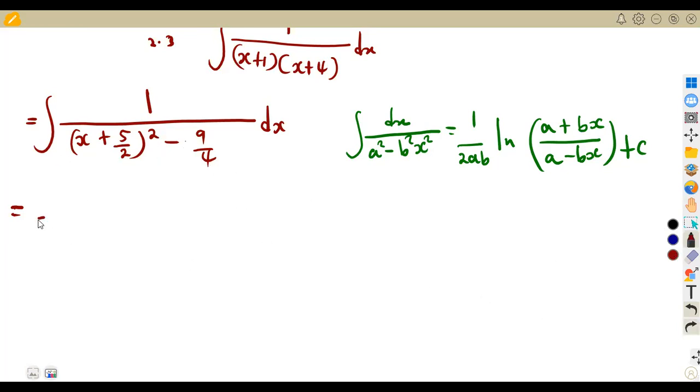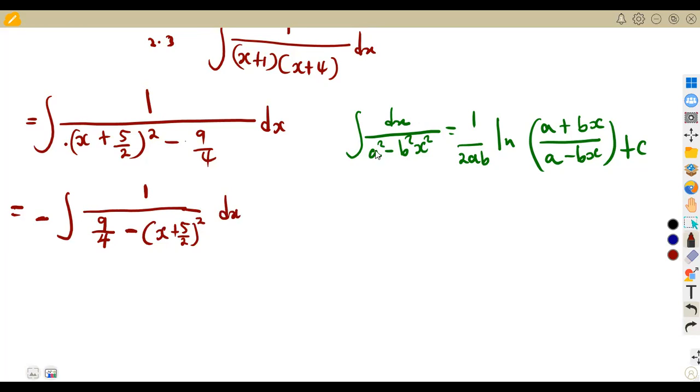If we factor out a negative, we remain with the integral of 1 over, negative and negative gives a positive, so that's positive 9 over 4. A positive and a negative gives a negative, so it will be negative (x plus 5 over 2) squared, as it was before, with respect to x.